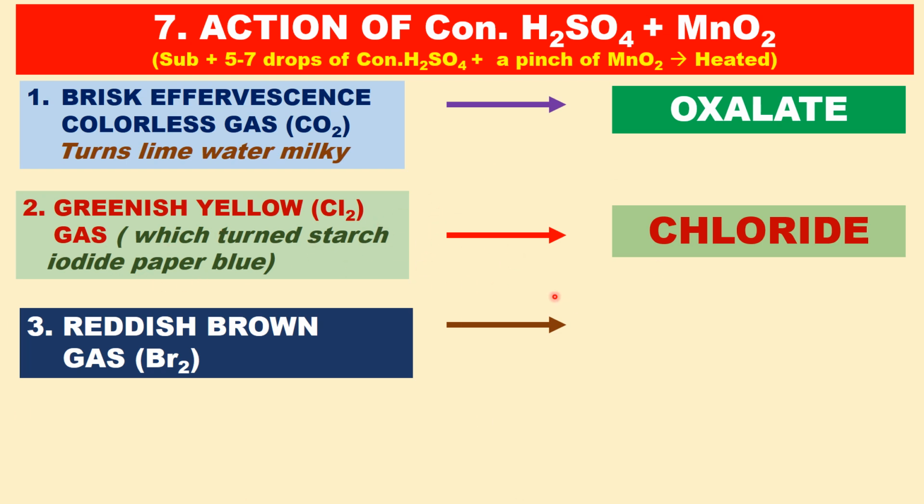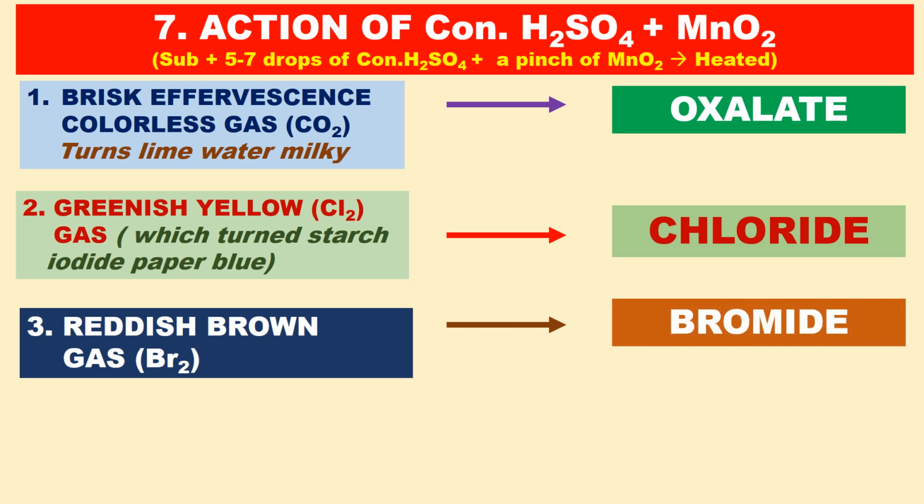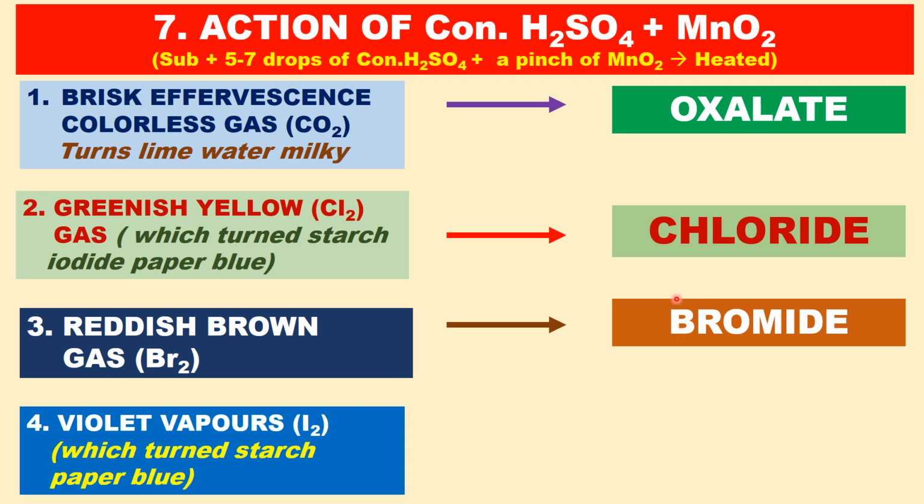And if a reddish brown gas is obtained, that is bromine. Similarly, bromide is oxidized to bromine. Here chloride, Cl minus, is oxidized to chlorine. Here Br minus is oxidized to bromine, Br2, a reddish brown gas.